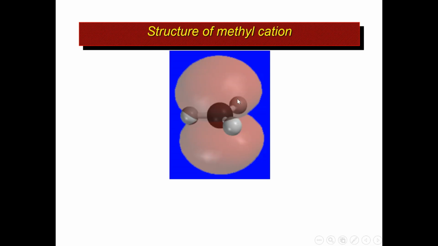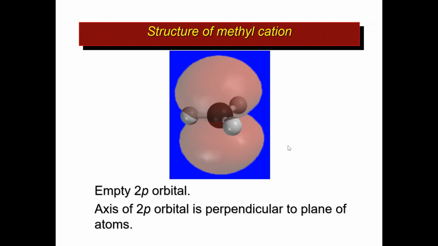It is attached to three hydrogen atoms. They all lie in a single plane, and the vacant p orbital is perpendicular to the plane of this system. This is how it looks in a 3D form. This 2p orbital, which is vacant, lies perpendicular to the plane of this carbocation system.